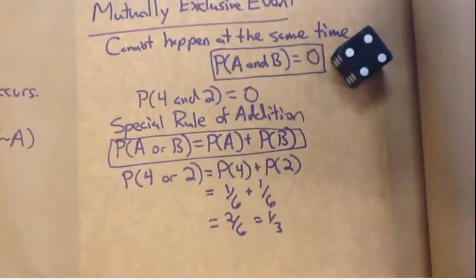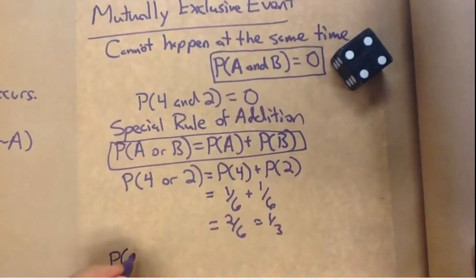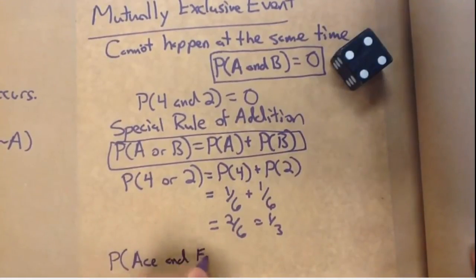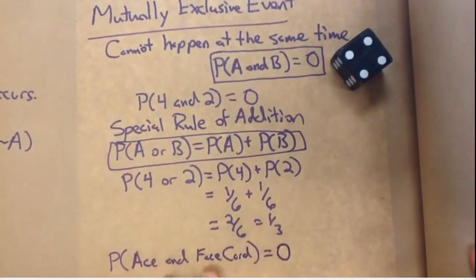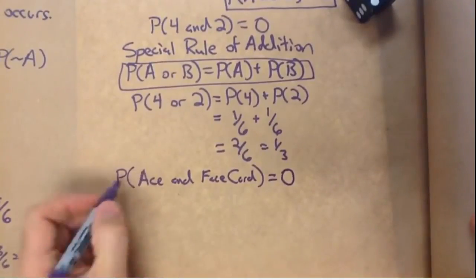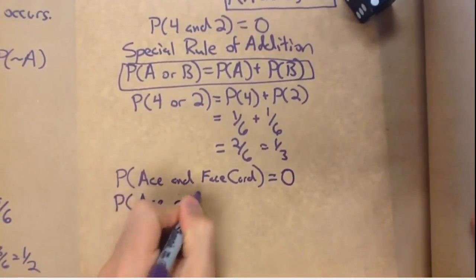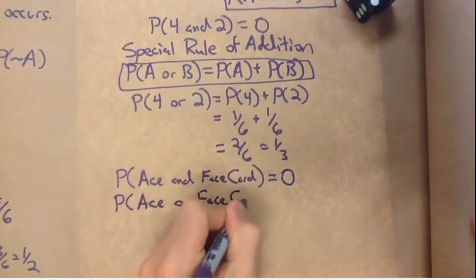Now, if we were thinking about cards, the probability, if I pulled a single card, that it would be an ace and a face card is 0. I cannot physically pull both of those. It won't happen. But I could look at the probability I pull an ace or a face card, which means a different thing.